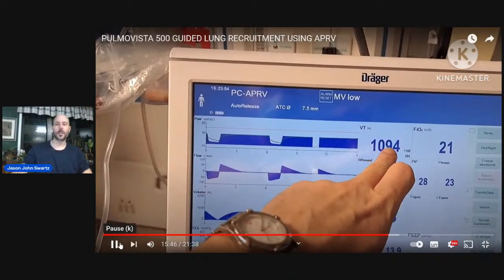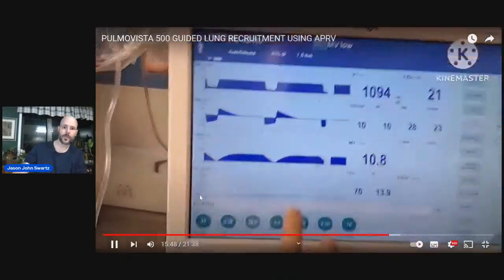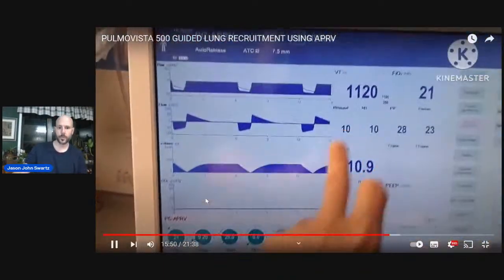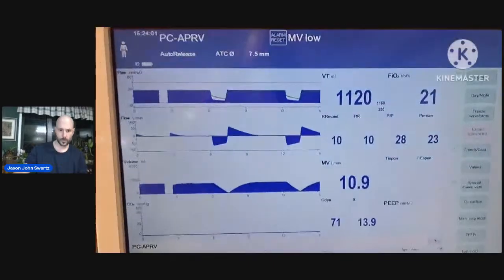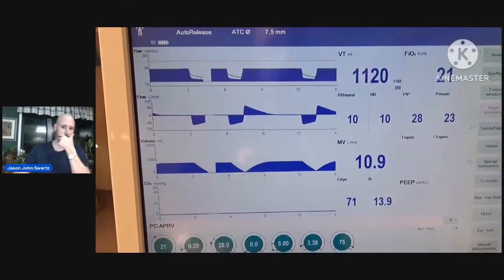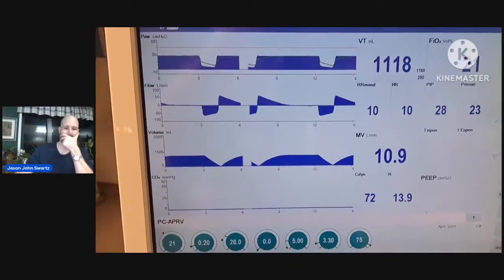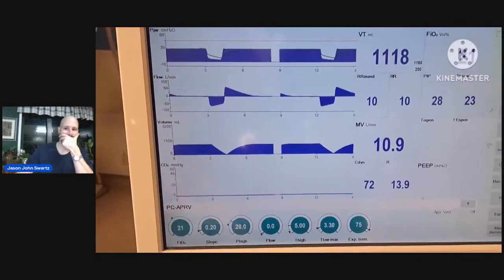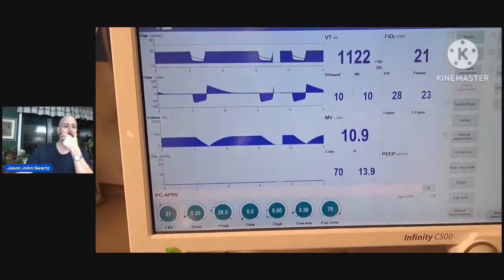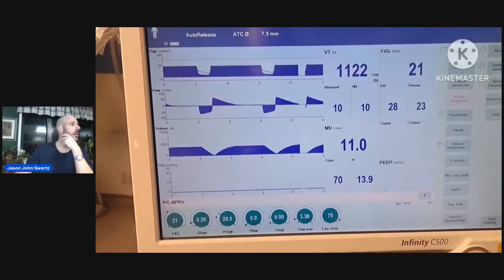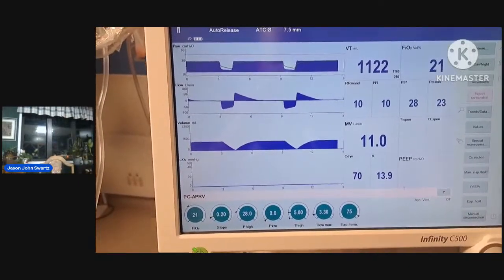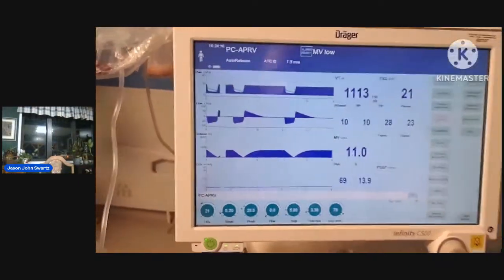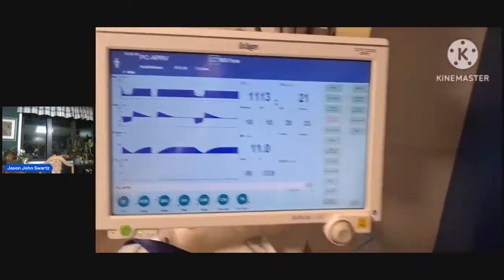So post recruitment, we're going to start sneaking down the P high, and we're going to want to get this to about 10 mLs per kilogram of ideal body weight, and go there. Not going to go too fast, but slowly do that.